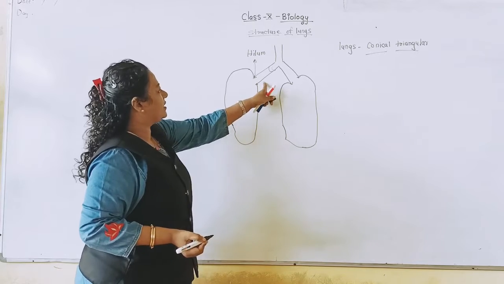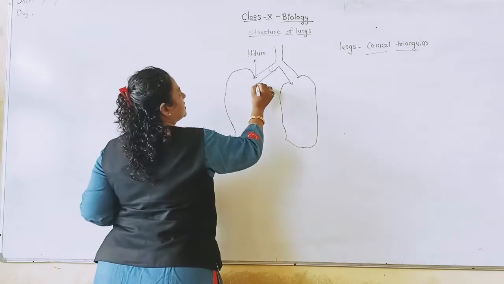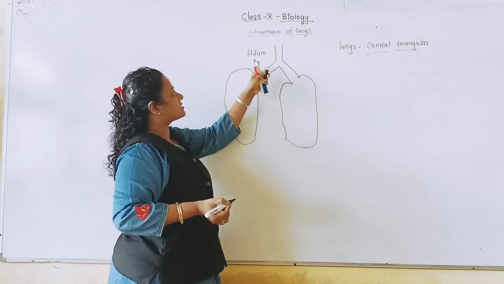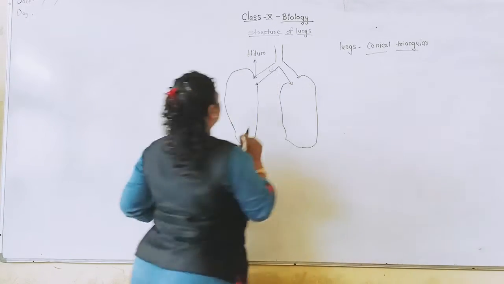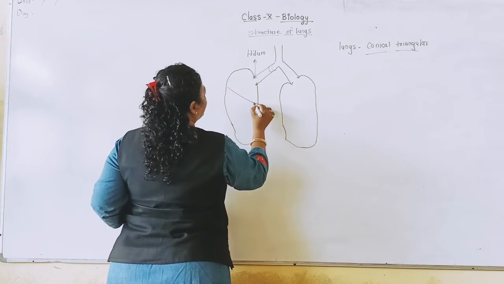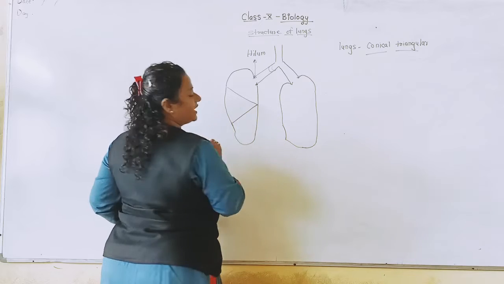The bronchus is entering into the lungs through this V-shaped part, and that part is called what? Hilum. Okay, students? And if we see, these lungs are divided into three lobes.